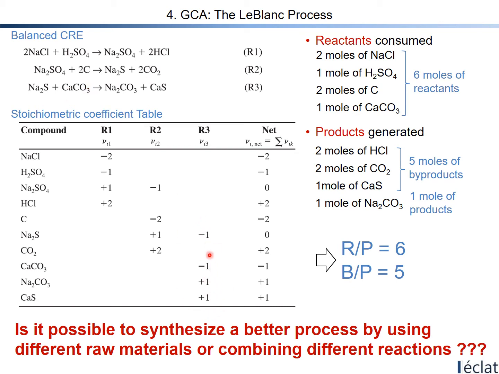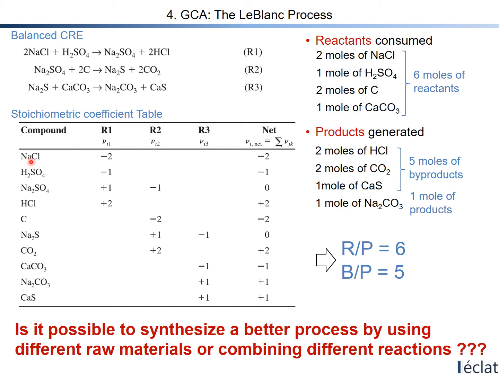Okay, right. Now you have completed the stoichiometric coefficient table, but one more column should be added for the final calculation. In the last column, put the value obtained after summation of all stoichiometric coefficients in the same row.